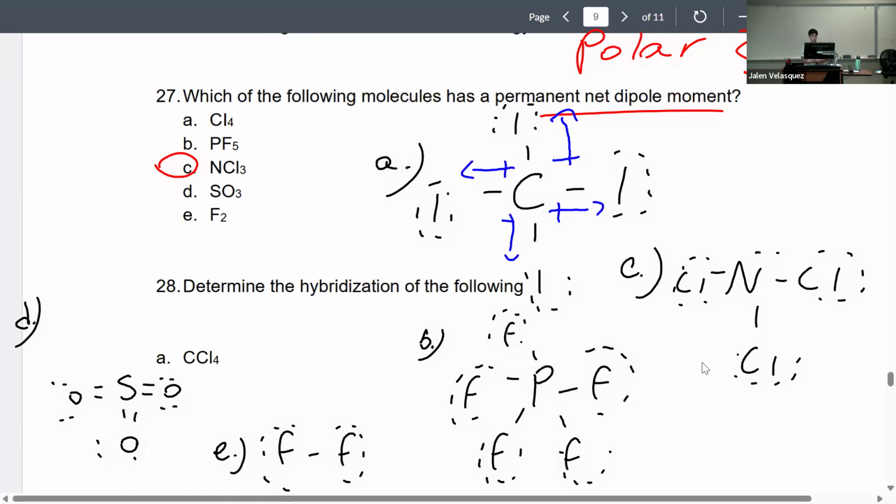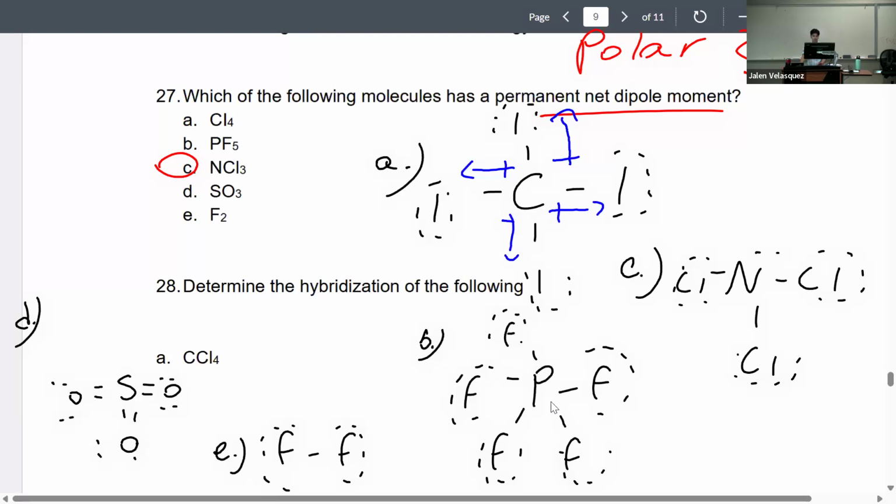So CI4 has polar bonds, but because of the shape, it's overall nonpolar because we have dipole moments going in opposite directions with equal strength. These vector arrows cancel each other out.